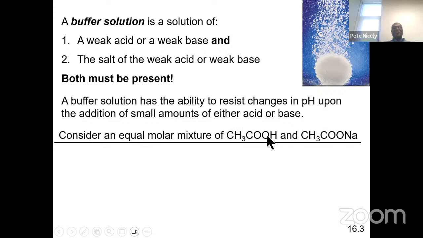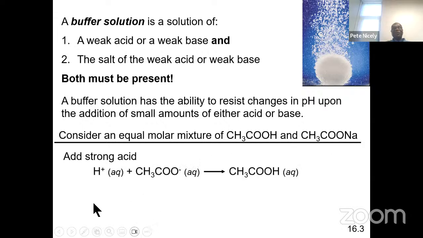Let's say you have a mixture of acetic acid and sodium acetate, all right? That would be a buffer solution, right? If you add a strong acid, and this is where you're going to see how the buffer works, right? If you add a strong acid to the buffer, the acid will produce H+ ions in the aqueous solution, and the H+ ions will react with the acetate, which is the conjugate base portion of the buffer.